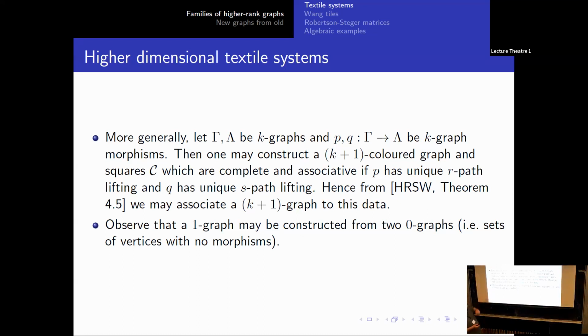Also, it's amusing to observe that a one graph just consists of two sets of points with range and source maps playing the role of P and Q vertically. So it all fits together nicely.